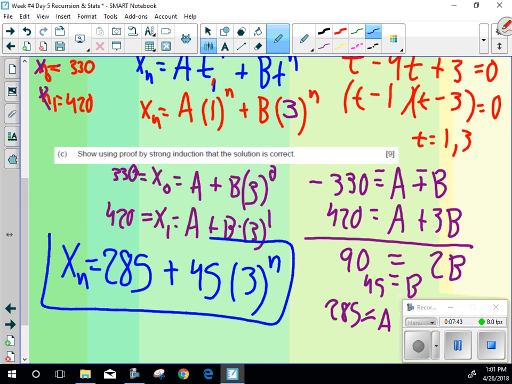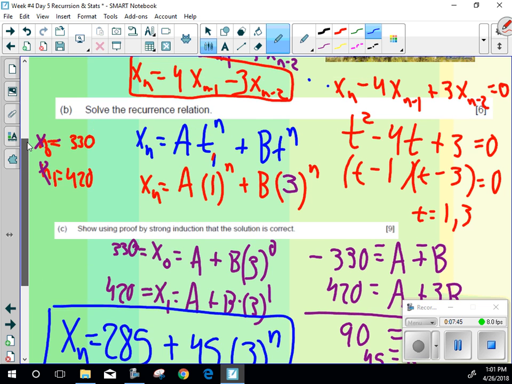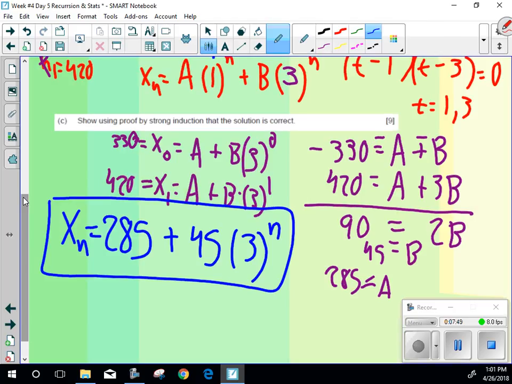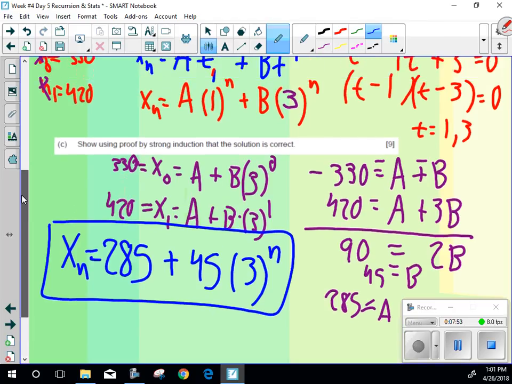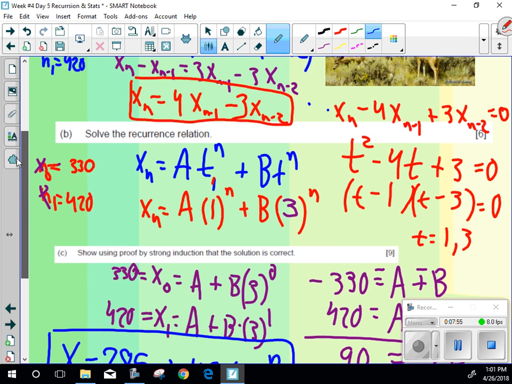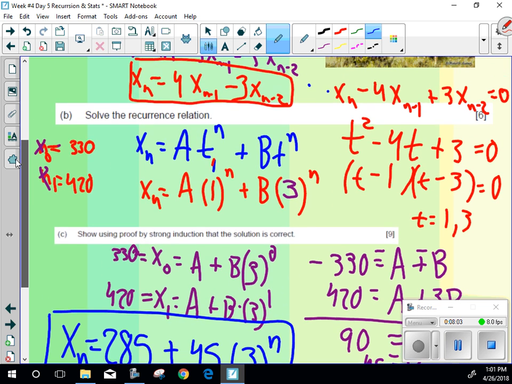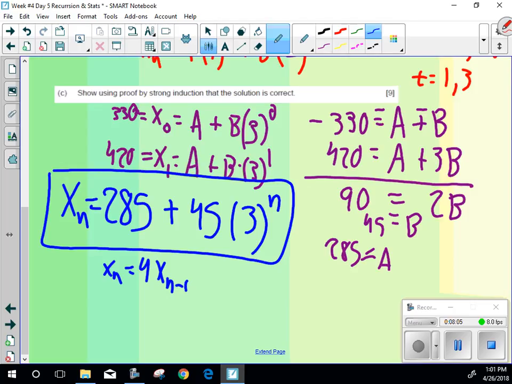That is my equation, recurrence relation. That's the equation that we have. And that comes from way back when we had X of n equal to 4X of n minus 1 minus 3X of n minus 2.